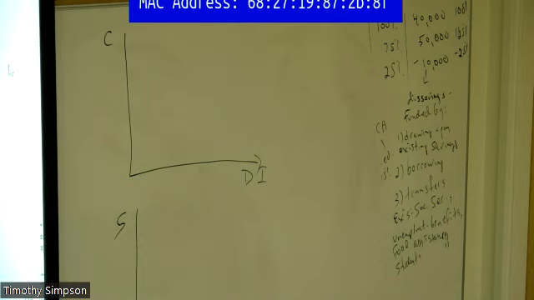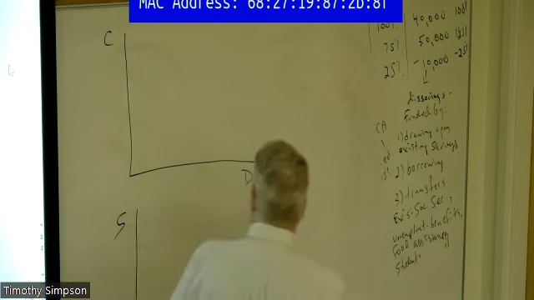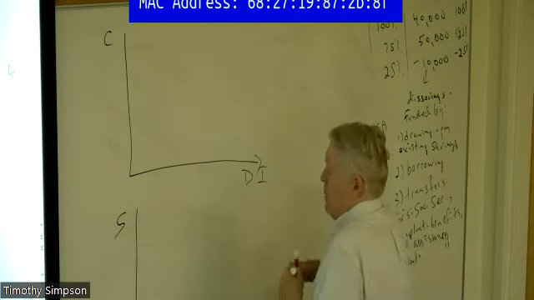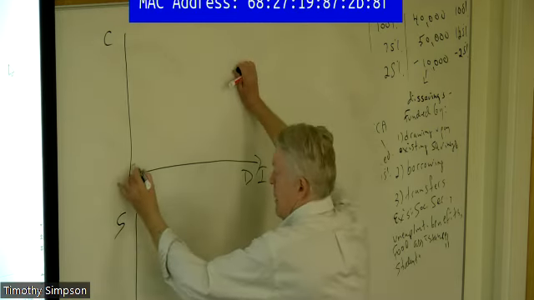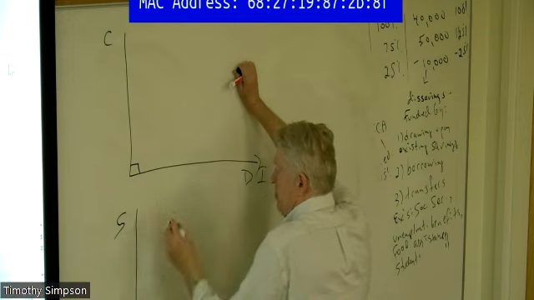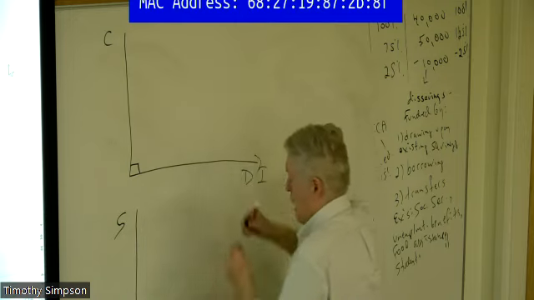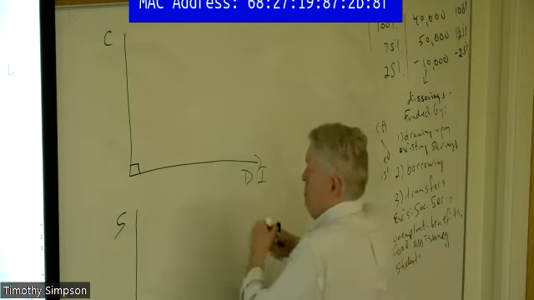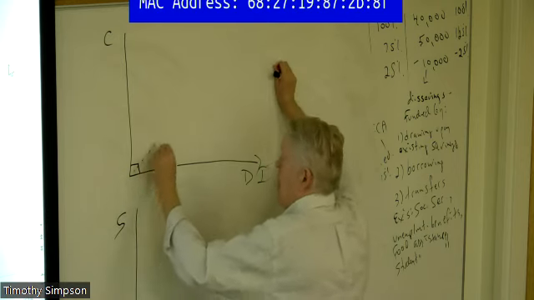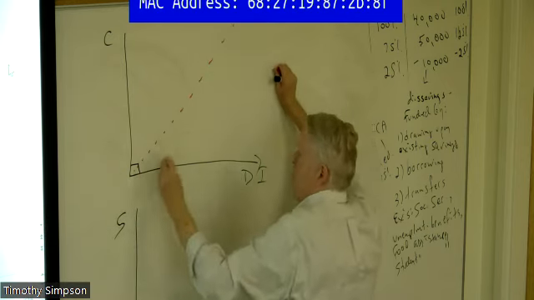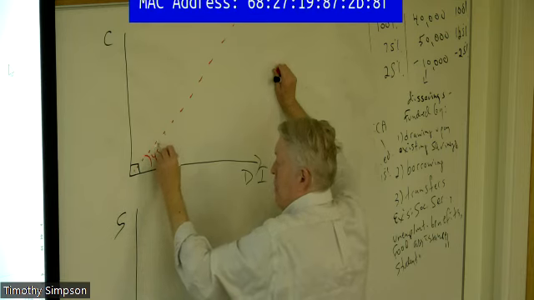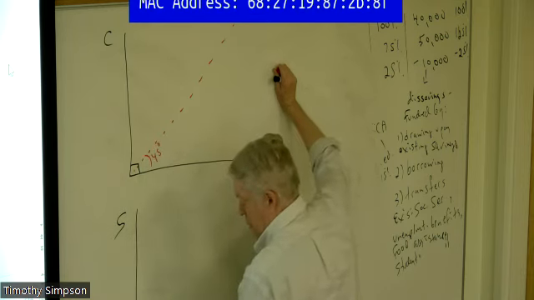So what have we got going on here? Any quadrant of a graph, by definition, forms a 90-degree angle. If we bisect that with an imaginary line, it comes in across at 45 degrees.